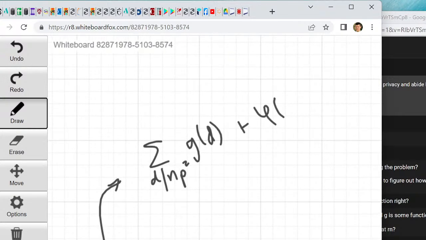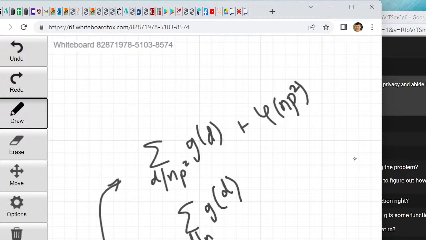So we know it's true for np squared. So this is g of d plus g of dp, g of dp squared.